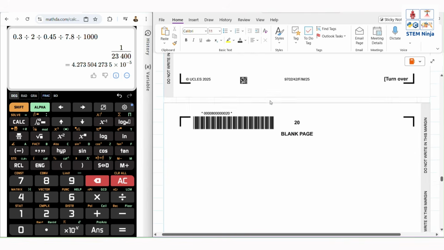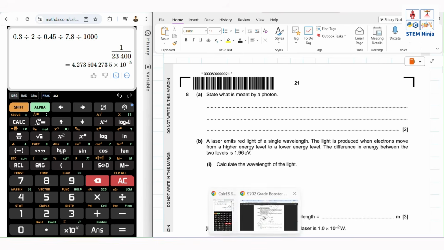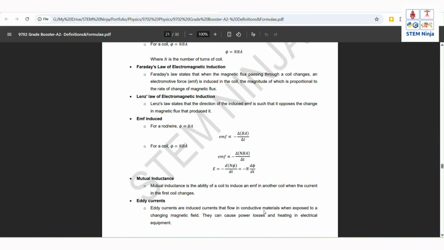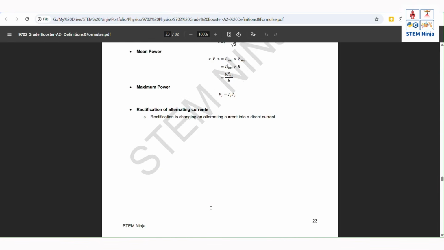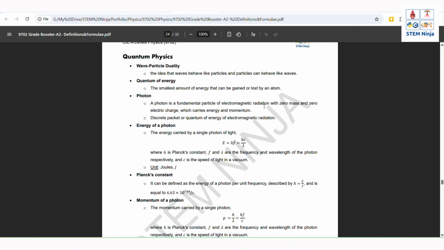Right, okay, moving on. State what is meant by a photon. A photon is a quantum of electromagnetic energy. It is a fundamental particle of electromagnetic radiation with zero mass and zero electric charge, which carries energy and momentum.